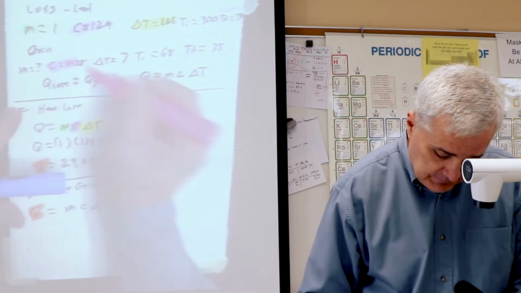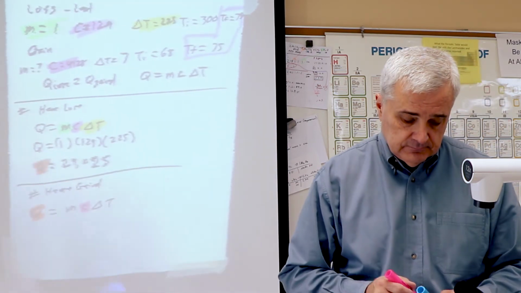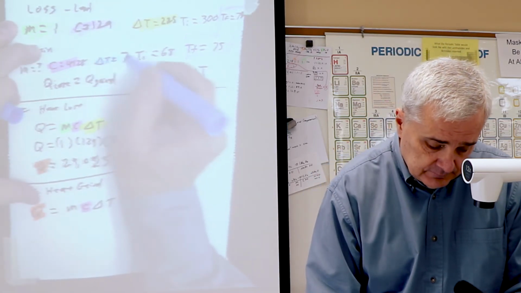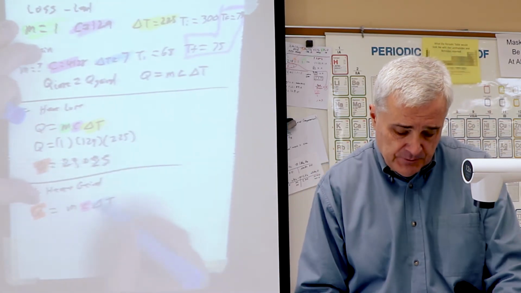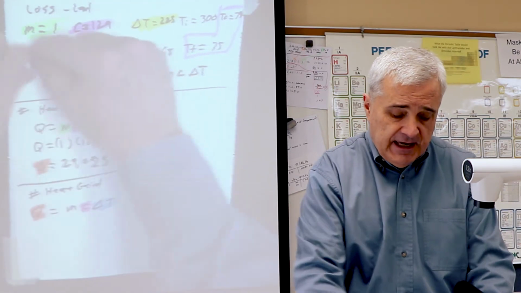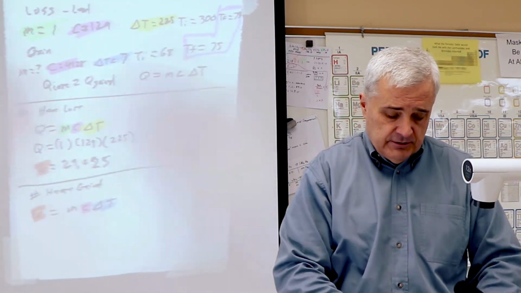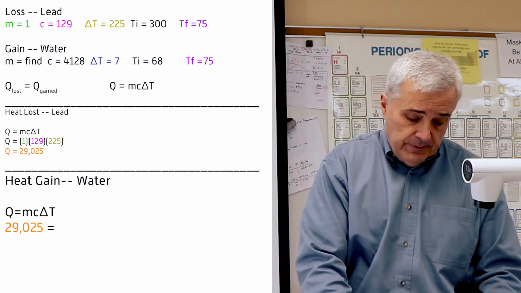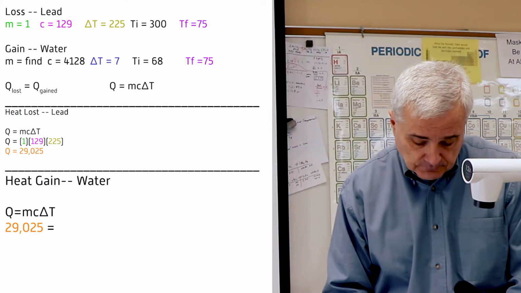C is C. And delta T is delta T. This is from the heat gain side here. This is the information that's going down. Q, heat loss, is equal to heat gain. And so therefore, they plug in.